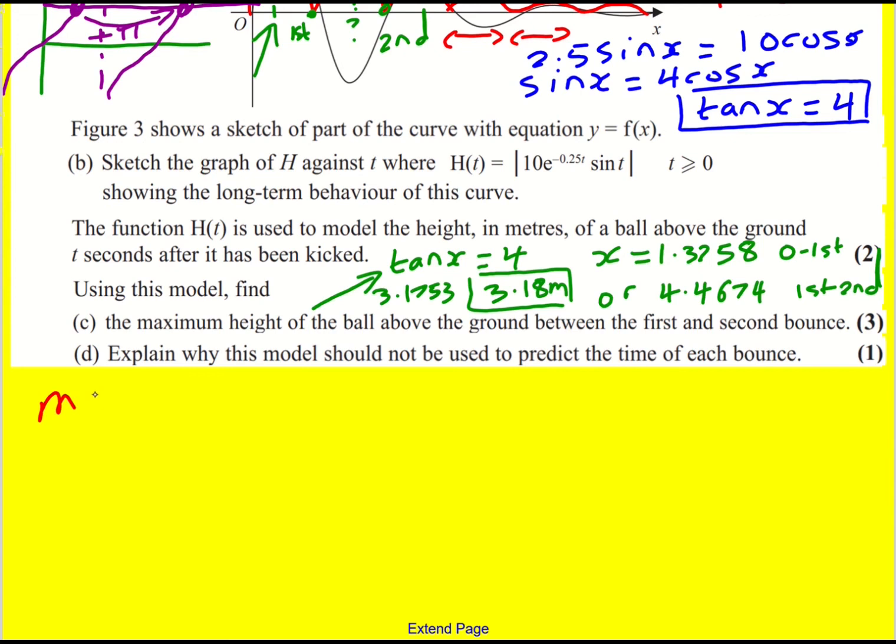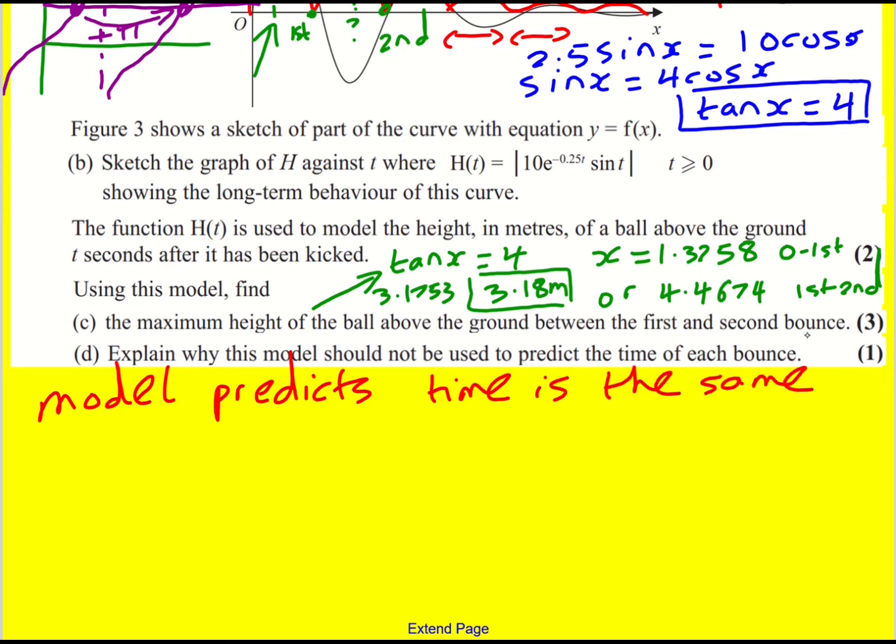So we just have to refer to that. The model predicts time is the same between each bounce. Now, if you bounce a ball on the ground, that will not happen. As it gets closer and closer to the ground, the time reduces because it goes up by less and down by less.